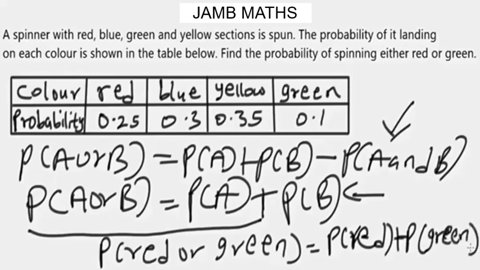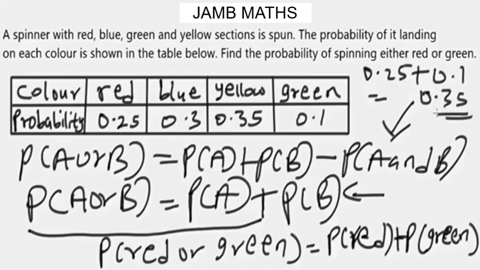So when you do the simple math, our probability of red is 0.25 plus the probability of green, which is 0.1. When you punch this in a calculator, you're going to have it to be 0.35. And that will be the answer to this question.